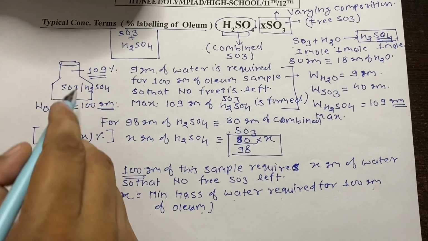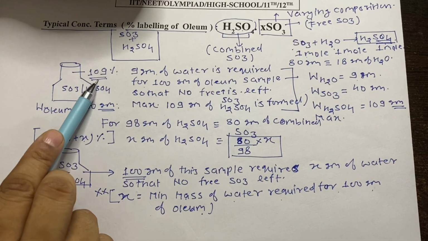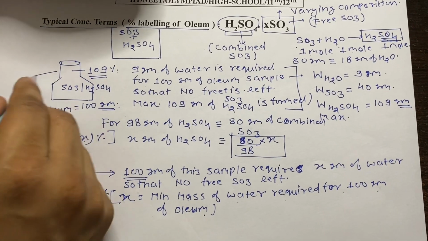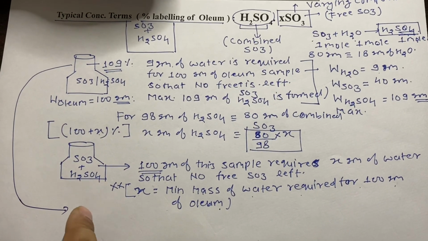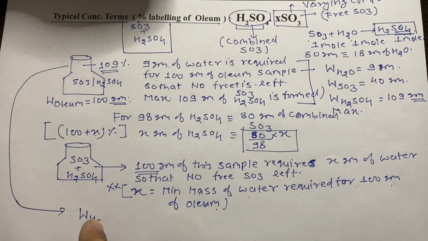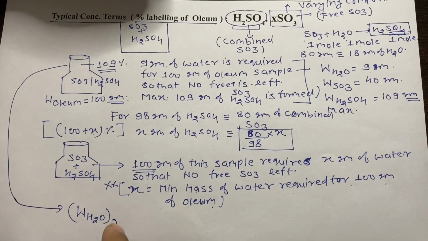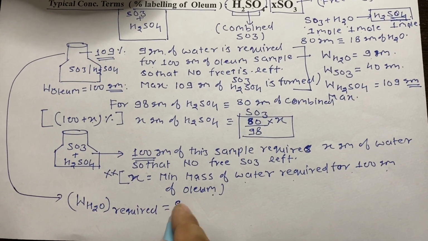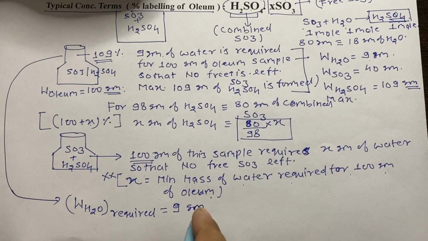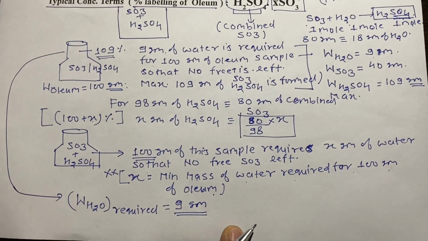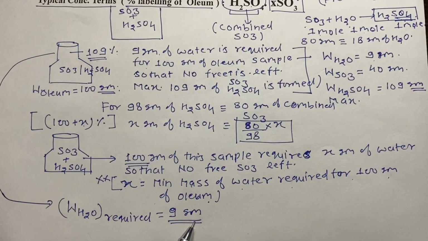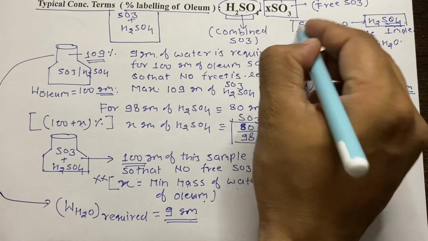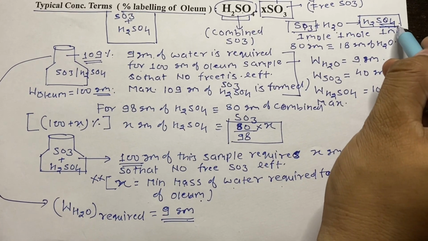From this example, in which the oleum sample is labeled by 109%, it is very obvious that the required amount of water is 9 gram. So when we add the 9 gram of water, the entire free SO3 present in this sample will be converted into H2SO4.